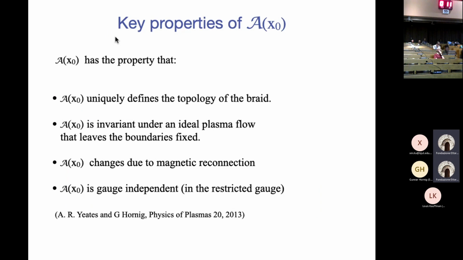Right, this quantity, which is now defined on a cross-section, has some nice properties. It uniquely defines the topology of the braid, and that I find the most surprising result, in that you only need the information on a cross-section to reconstruct the whole topology of the braid in the whole volume, only up to deformation, but the vector field in the whole domain.